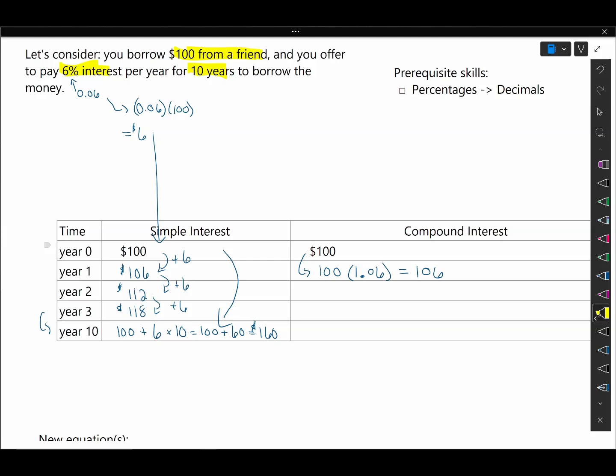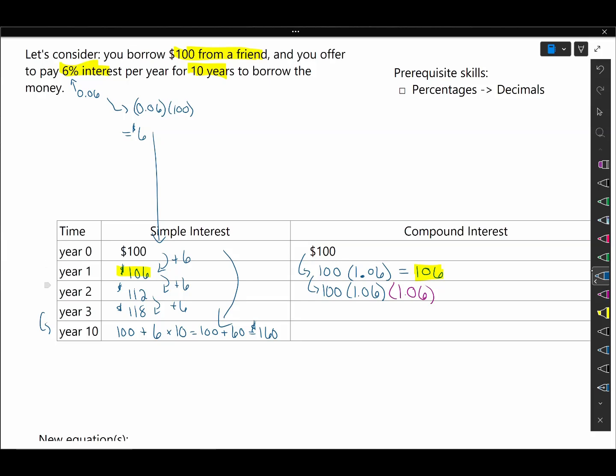So far, there is no difference between our simple interest and our compound interest. Here's where it changes. Now, going into this second year, how much is being borrowed is that same number from before, 100 times 1.06. And what's going to be new is now we're borrowing it for another year. So we're going to multiply it by 1.06 again.